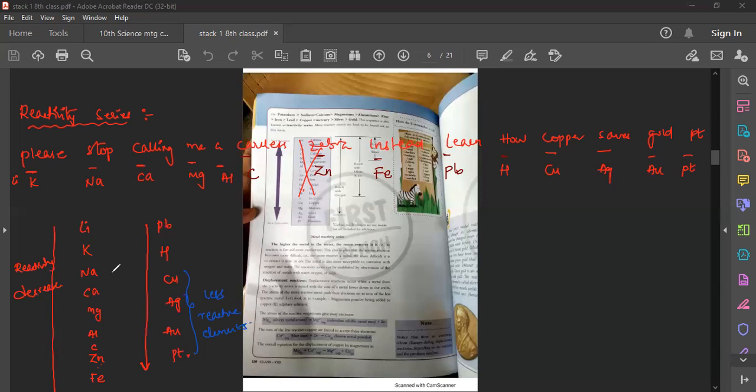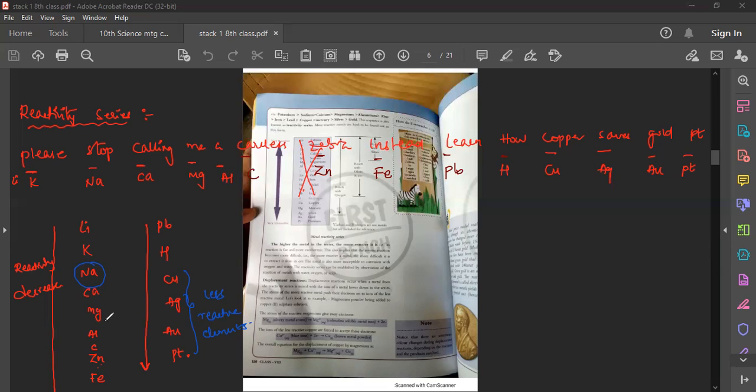The main important thing in the reactivity series is, suppose you take sodium. Sodium is more reactive than calcium, magnesium, aluminium, zinc, and all. But compared to potassium and lithium, sodium is less reactive.